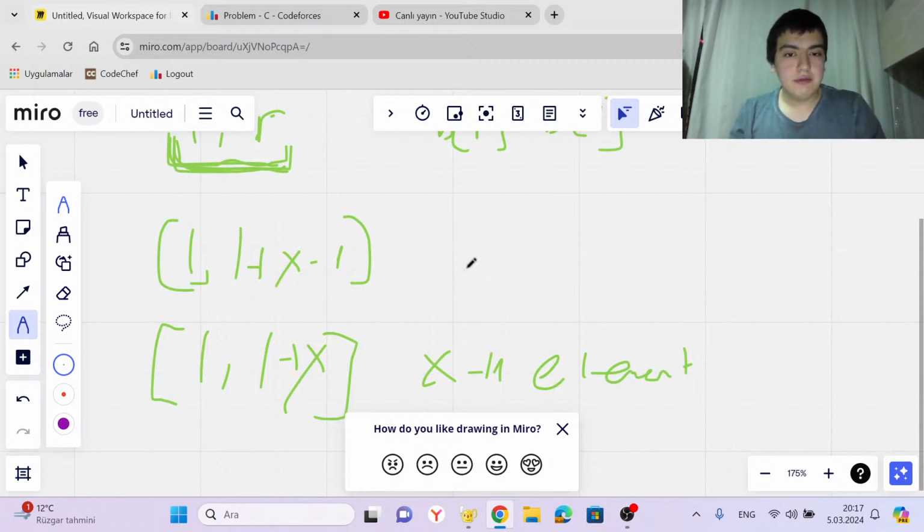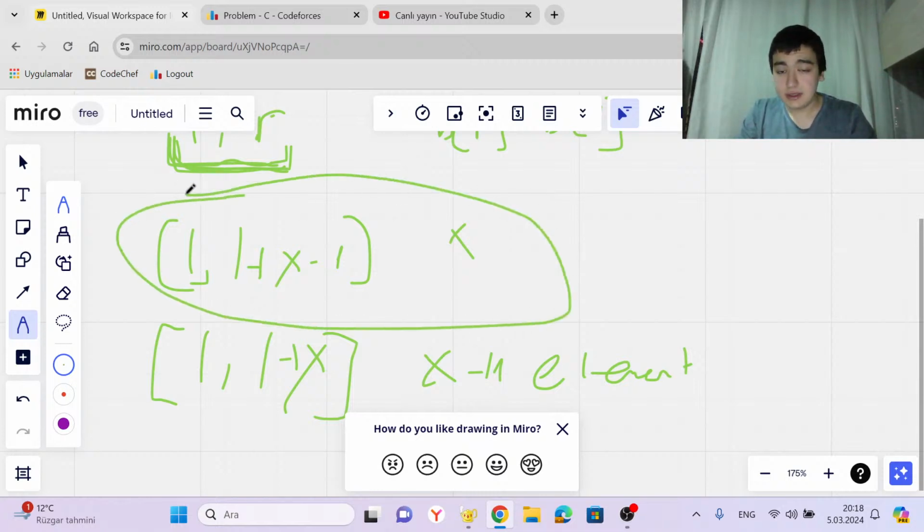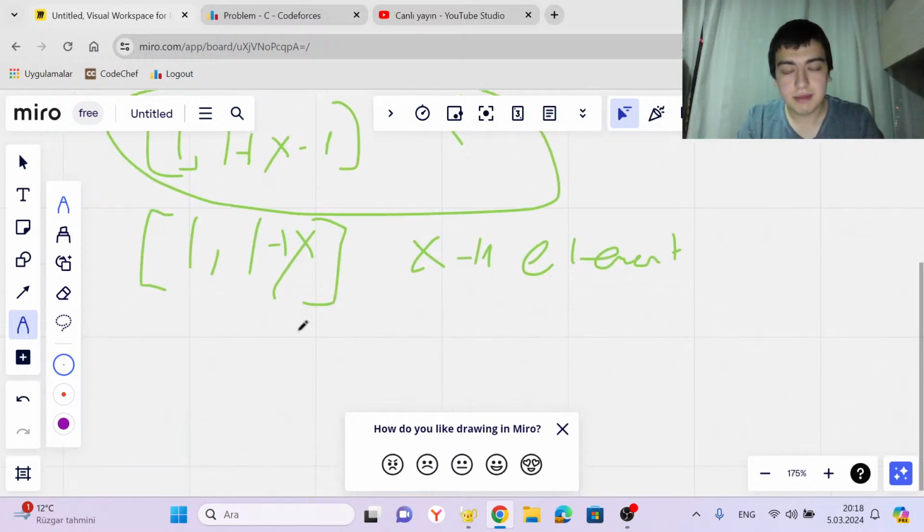But I know the biggest x elements, because I pushed them to the priority queue in the initial state. When I am looking at this state, I only look at the new element that comes, L plus x.